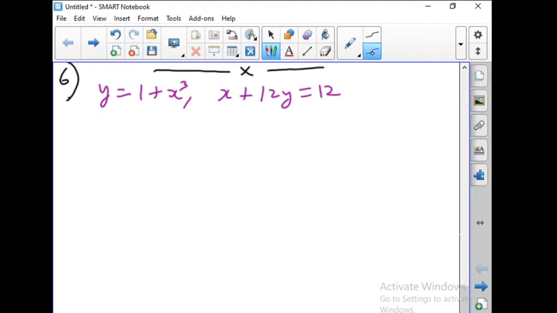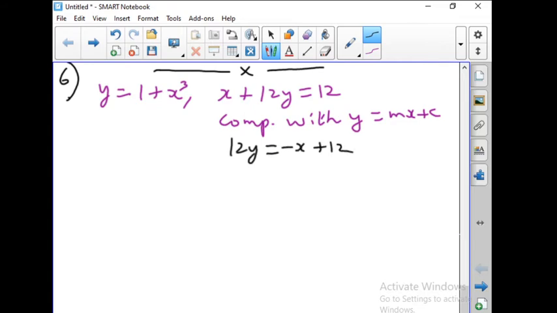So comparing with y equal to mx plus c, 12y is equal to minus x plus 12. So y is equal to minus 1 by 12 x plus 12. So therefore m is equal to minus 1 by 12.